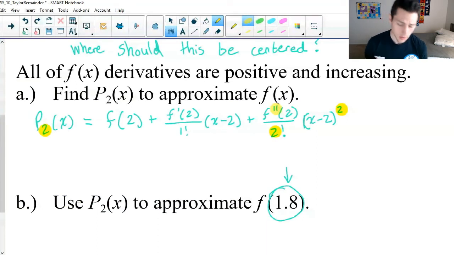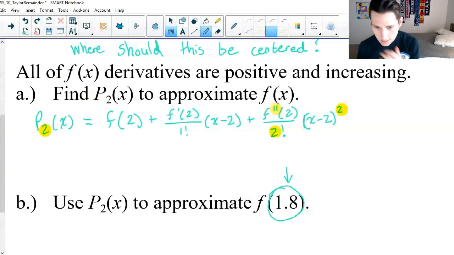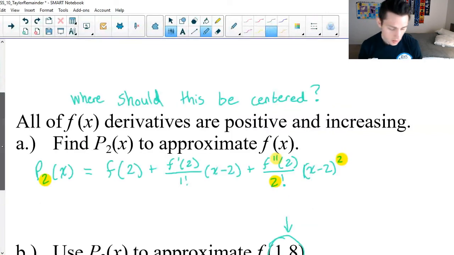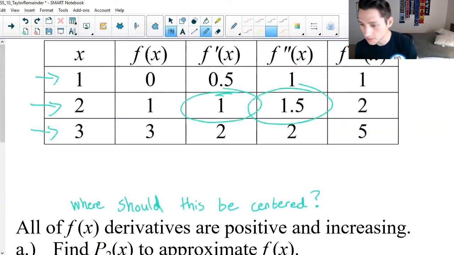Okay? So now I just need to simplify this by actually getting the values. The only things I don't know yet are f prime of 2 and f double prime of 2. But I know those.